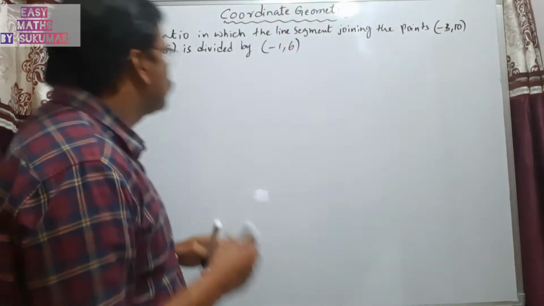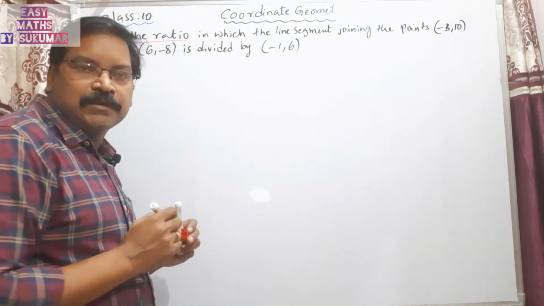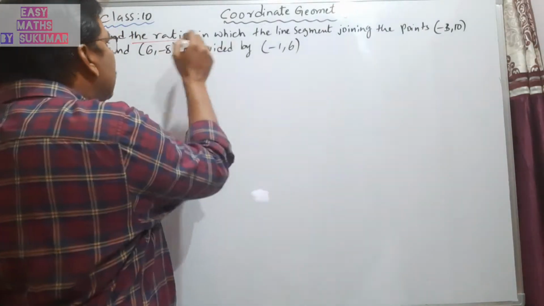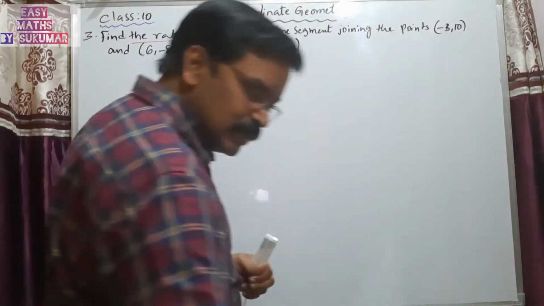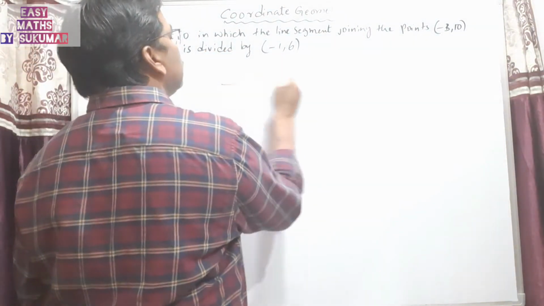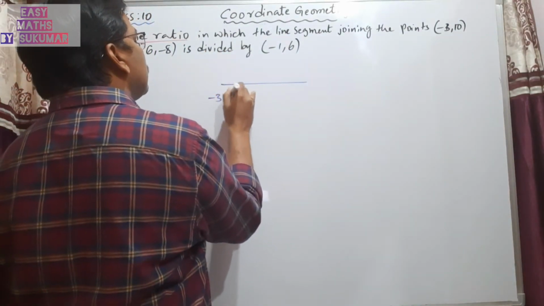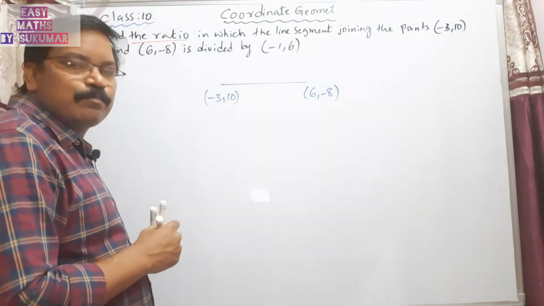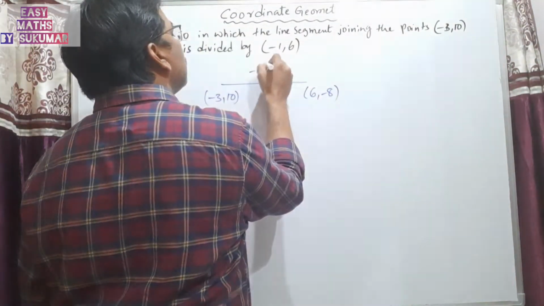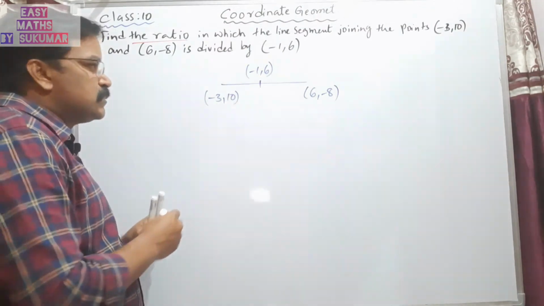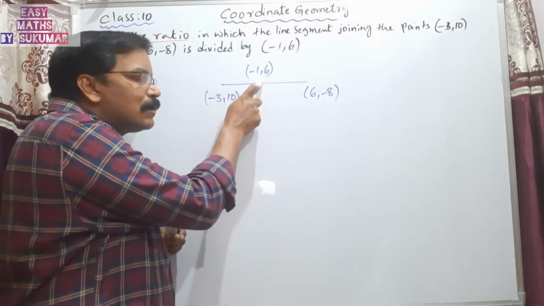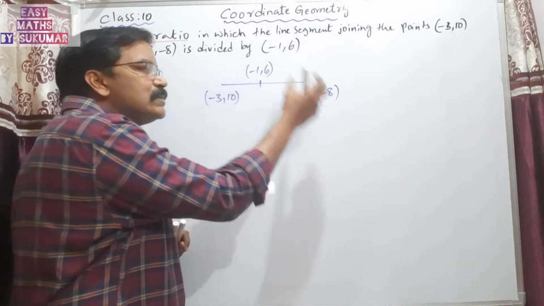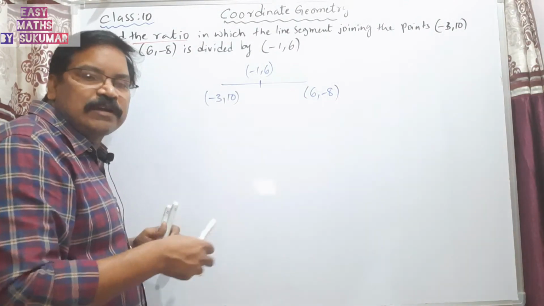Here we should find the ratio, not the coordinates of the point of trisection or coordinates of P. Here we just have to find the ratio in which the line segment joining the points minus 3 comma 10 and 6 comma minus 8 is divided by the point minus 1 comma 6. That means we should find the ratio here.